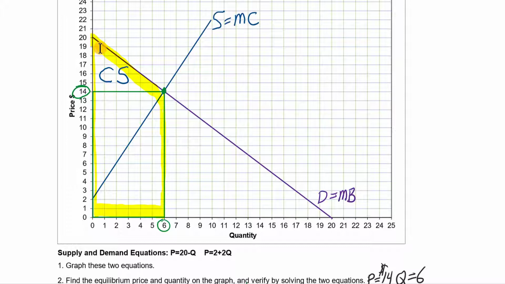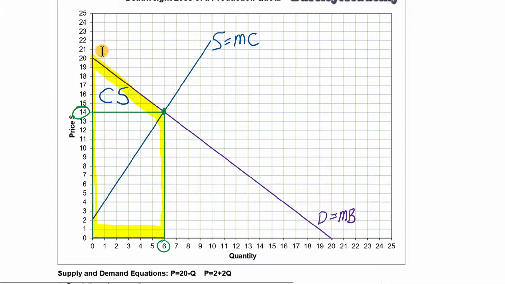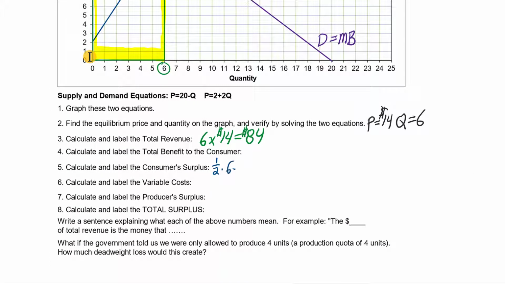So we can go ahead and calculate the consumer surplus, add it to total revenue, and that'll give us the total benefit. So that consumer surplus is going to be 1/2 times the base, 6, times the height, which is 6. So 1/2 times 6 times 6, $18. And so the total benefit is total revenue plus the consumer surplus in this case. So that would be $102.